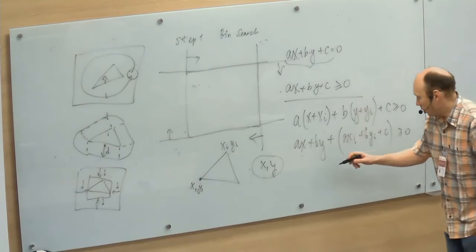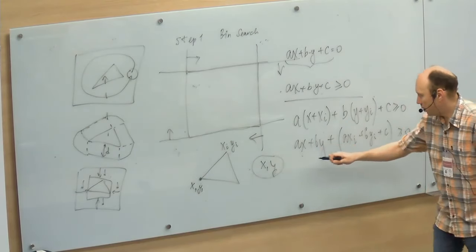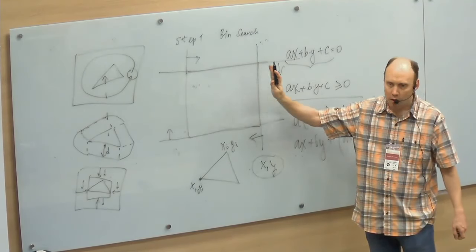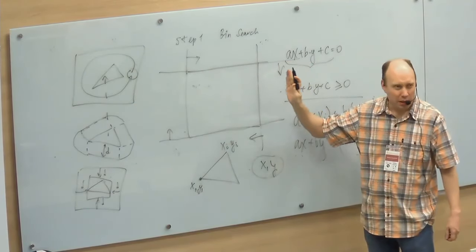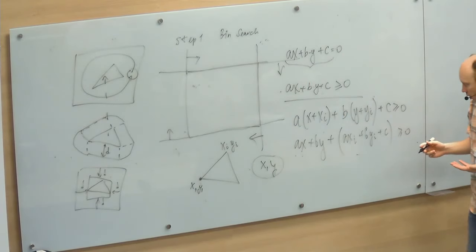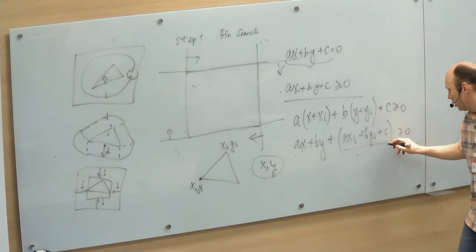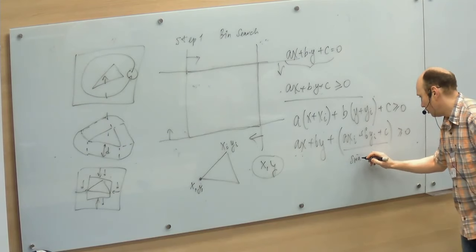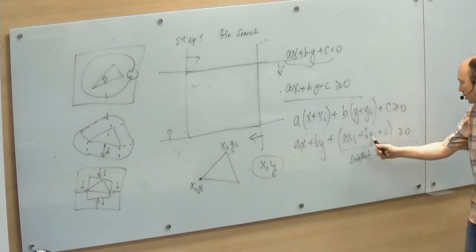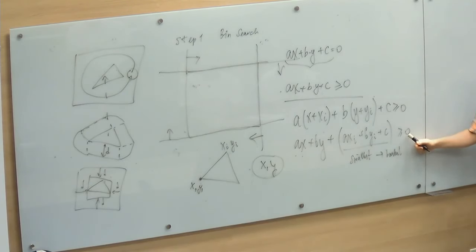Well, the ones with the same a and b, so the ones for the same side of the bigger polygon, they are all similar, and there is one among them that is hardest to satisfy, the one with the smallest coefficient, because we need this to be greater or equal to 0.